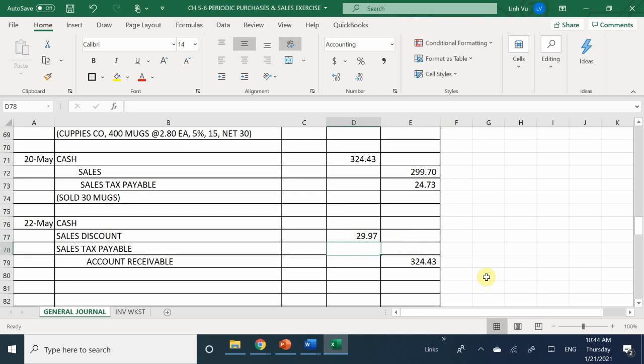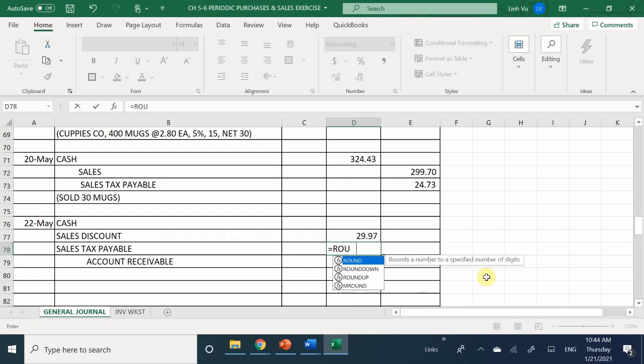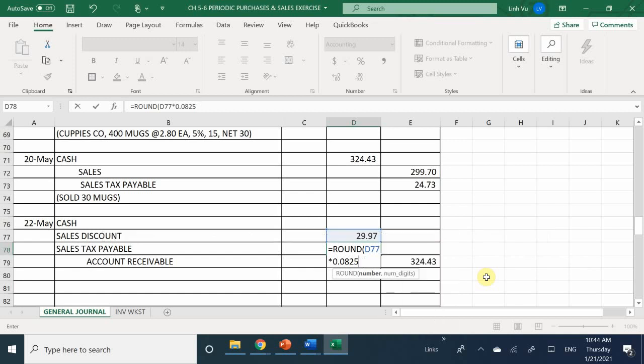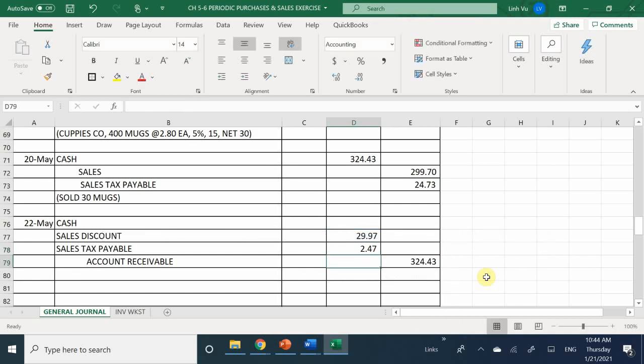So after we have this, since we're giving him a discount of $29.97, how much tax do we also have to take out from this sale? You got 24.72?